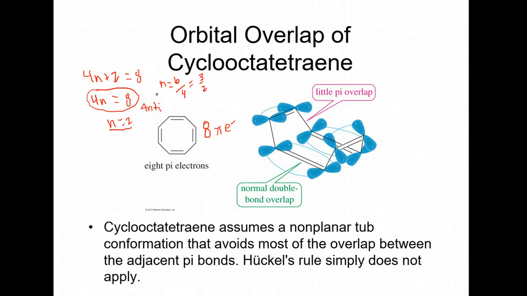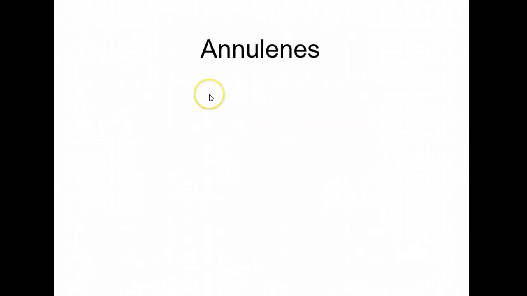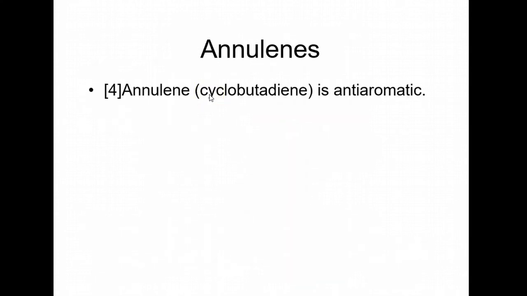This molecule would be considered anti-aromatic because it follows the 4n equation, not the 4n plus 2. 4n plus 2 is for aromatic, 4n is for anti-aromatic. In this case it's non-planar, so it doesn't fit that criteria, but I wanted to show you how the equations fit in here. Okay, so let's look at some of the annulenes.